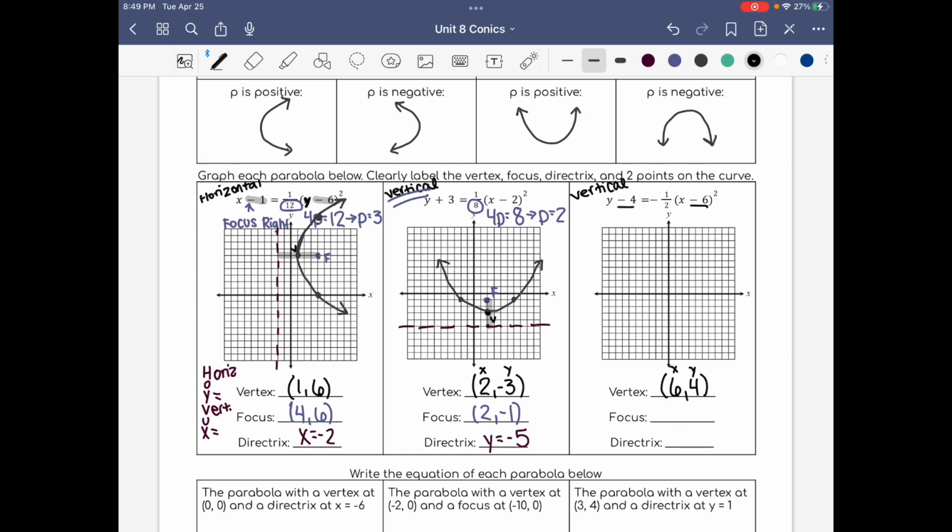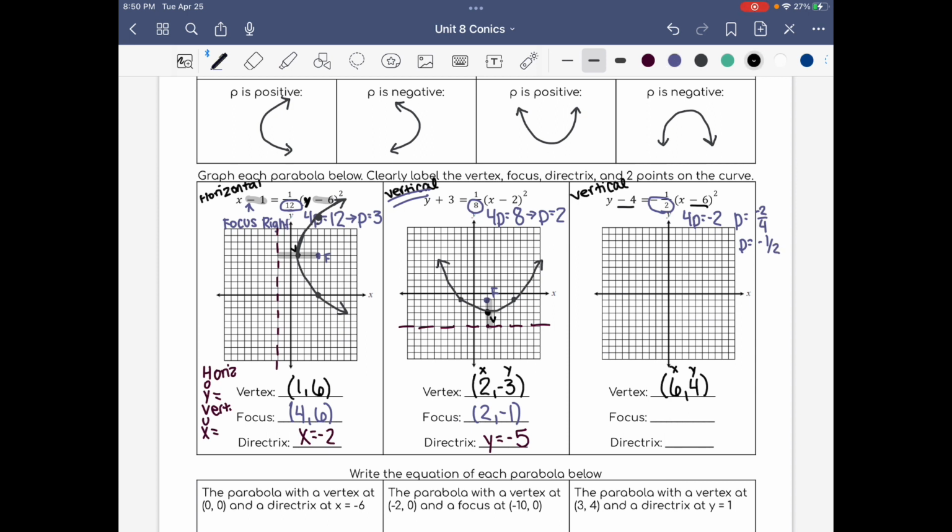Always the opposite because they're being subtracted inside of the formula. Then for p, it's actually going to be negative because 4p is going to equal -2. Which, if I divide by 4, p equals -2/4, or -1/2.